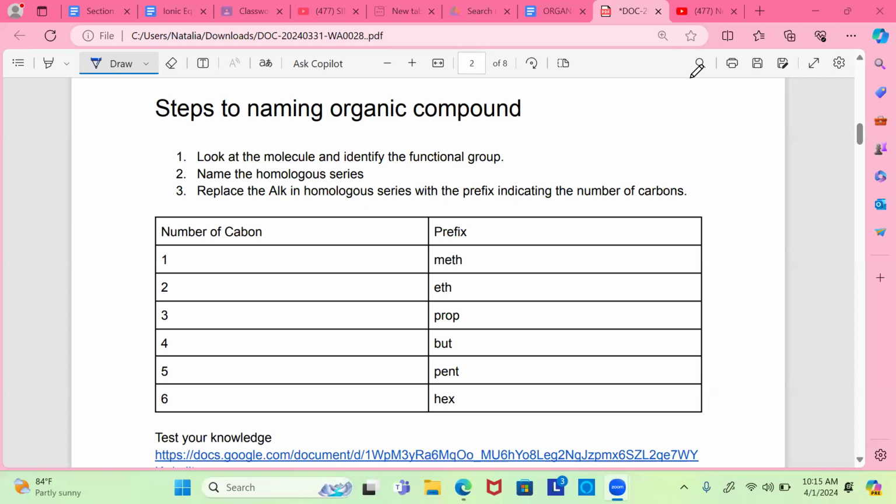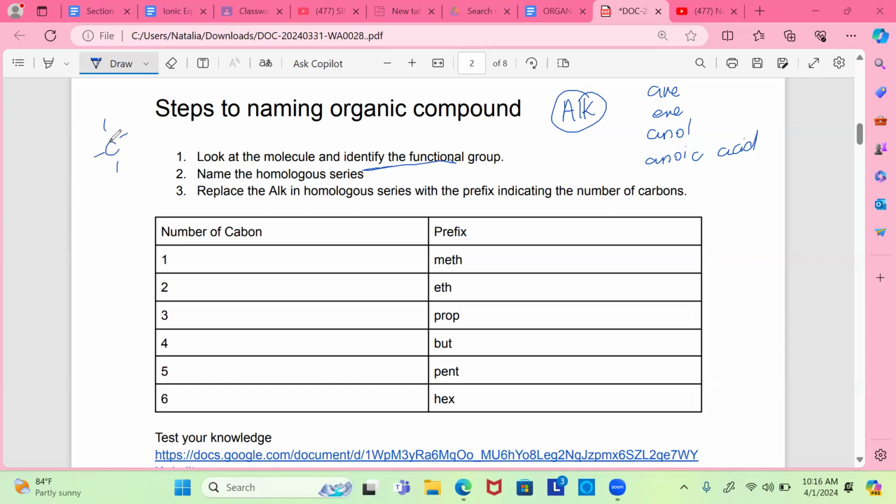All right, so we're going to name organic molecules. Remember that they all start with Alk and they have some ending, which is ane, ene, anol, anoic acid. When we get an organic molecule and it's drawn out, and we're asked to name the molecule, you are going to look at the molecule and identify the functional group.